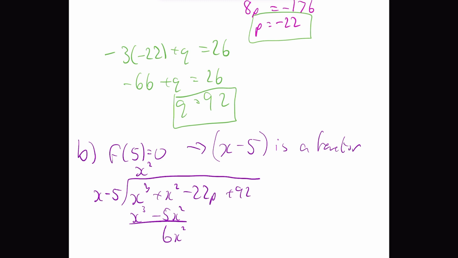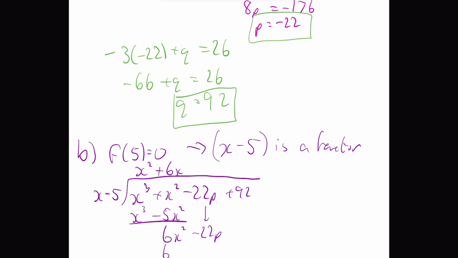Right, then how many x's go into 6x squared? It's 6x. And we bring the negative 22x down.